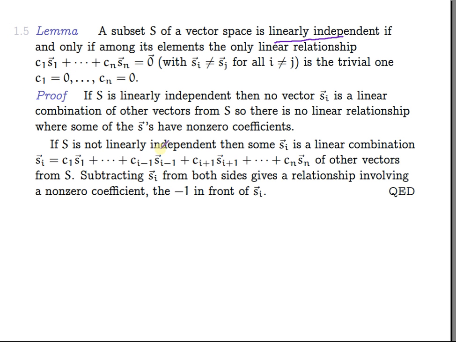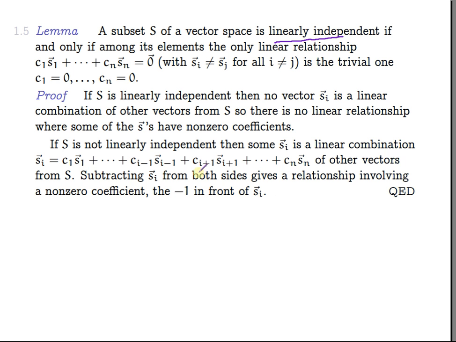Okay. On the other hand, if S is not linearly independent, then some Si is a linear combination of the other S's, and then I could use that to find a linear relationship. Right, so notice what we've actually done here.